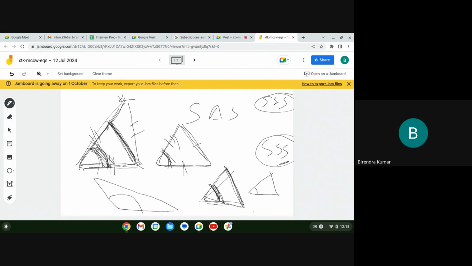We are saying that no, this side is same, but these two sides are not matching, which again contradicts the theorem with the angle.